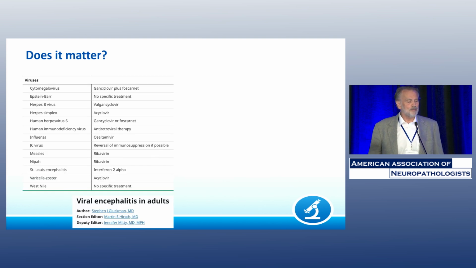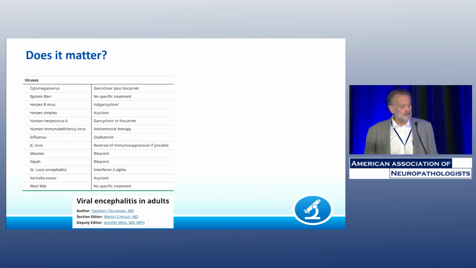Well, does it matter? And unfortunately, that's a question that frequently comes up because how can we treat viral infections? And the reality is that there's actually more and more therapies becoming available. I just listed a dozen or so of the more common viruses that can be detected and the types of therapies that are of some utility, different for different viruses in the treatment.